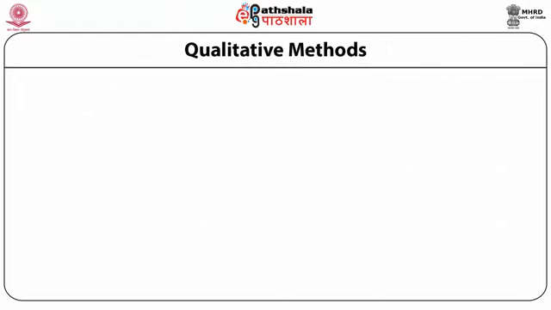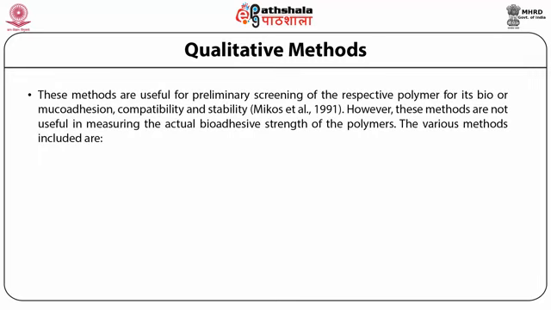The second set of methods which aim at measuring mucoadhesion are under the category of qualitative methods. These methods are useful for preliminary screening of the respective polymer for its bioadhesion or mucoadhesion, compatibility, and stability.